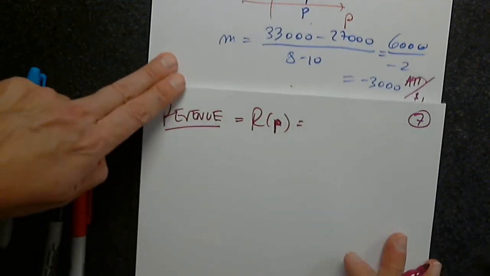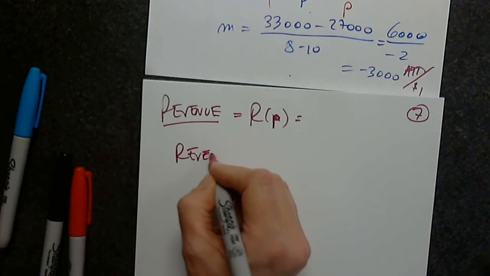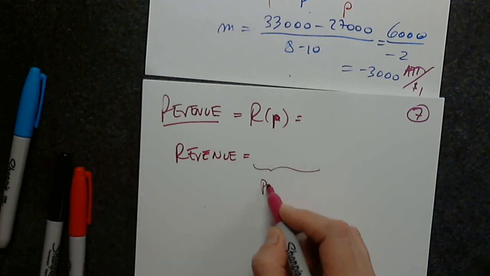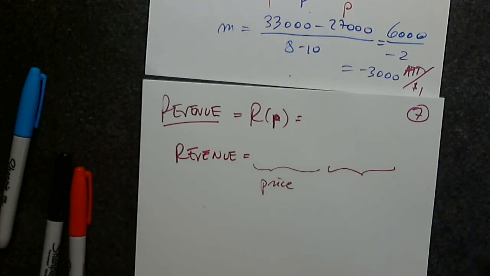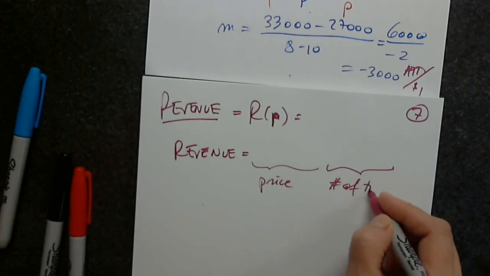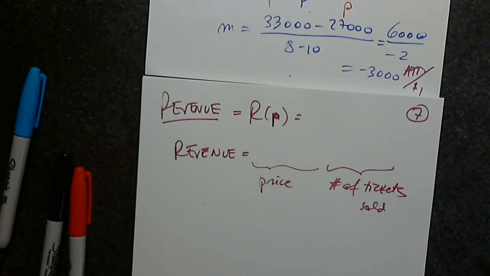So let's discuss that. So the revenue is price multiplied by number of tickets sold. That's our revenue.